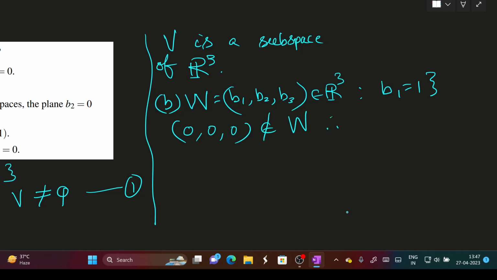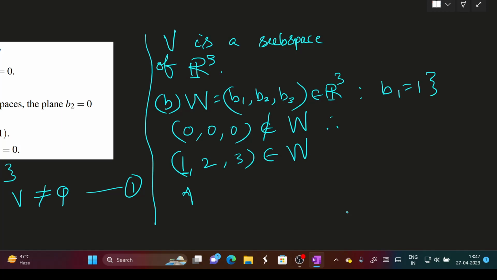But we have to justify through the other conditions. How can it be justified? Suppose I have the vector (1, 2, 3). Naturally, it belongs to W because its first component is 1.